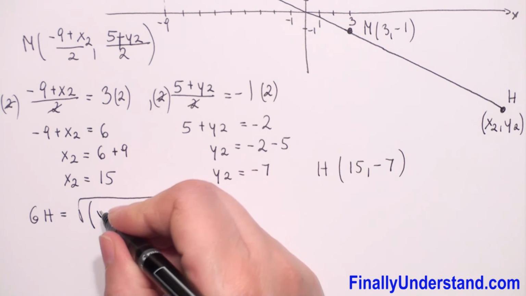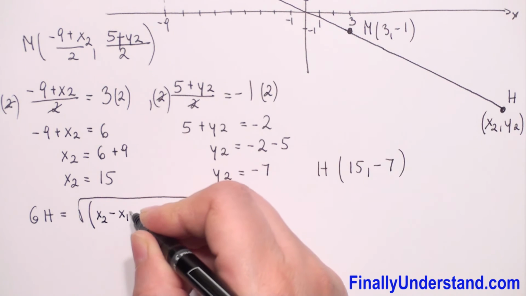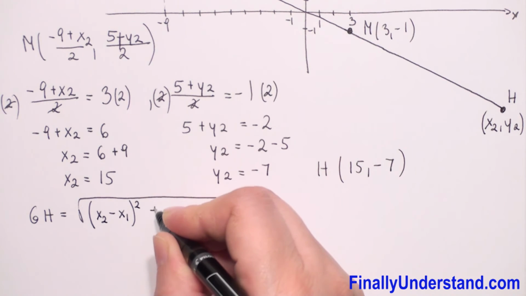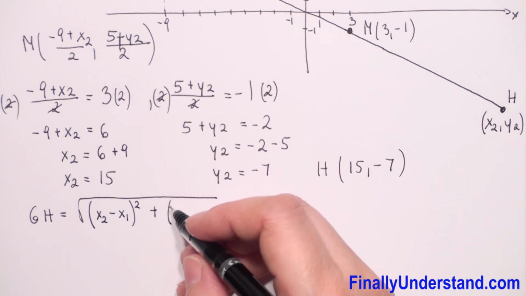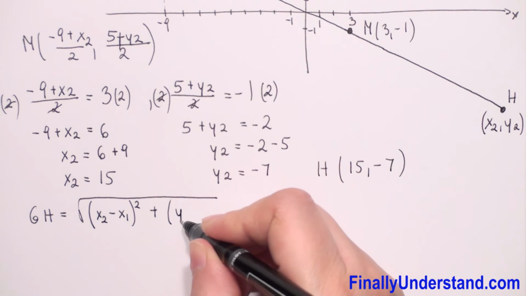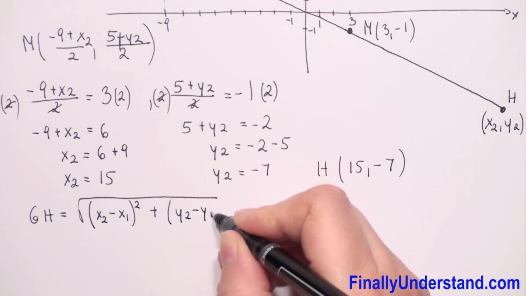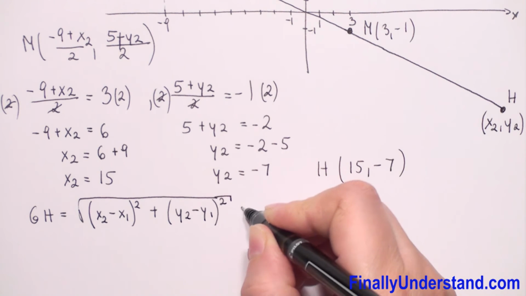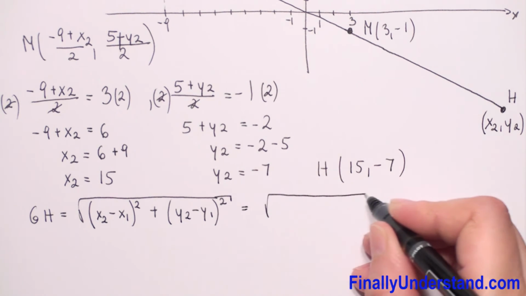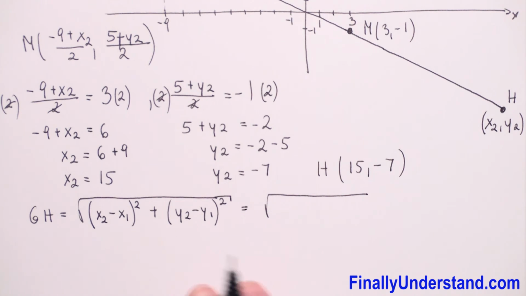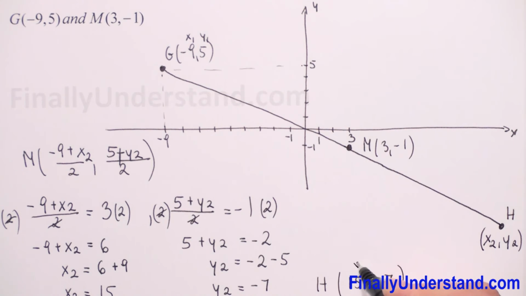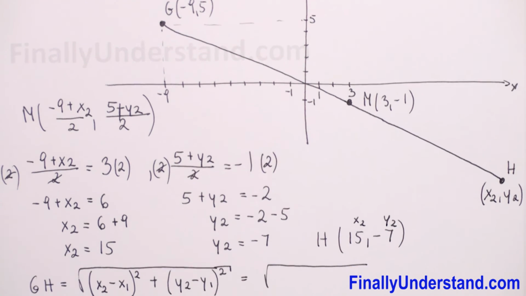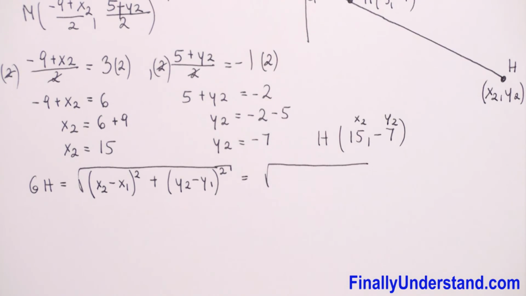So we have (x2 minus x1) to the second power, plus, in the second parenthesis, the difference of the second coordinates, so it's (y2 minus y1) to the second power. This is our x2, y2. Let me write this one more time.